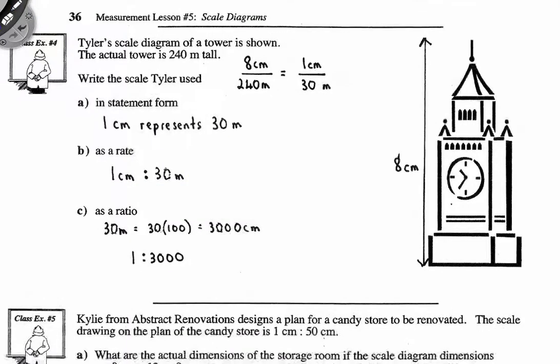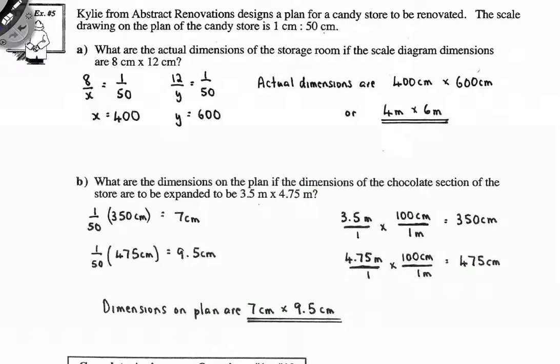Looking at class example 5, Kylie from Abstract Renovations designs a plan for a candy store to be renovated. So the scale drawing on the plan of the candy store is 1 centimeter to 50 centimeters. Notice the units are the same here, both centimeters. What are the actual dimensions of the storage room if the scale diagram dimensions are 8 centimeters by 12 centimeters? 8 by 12.